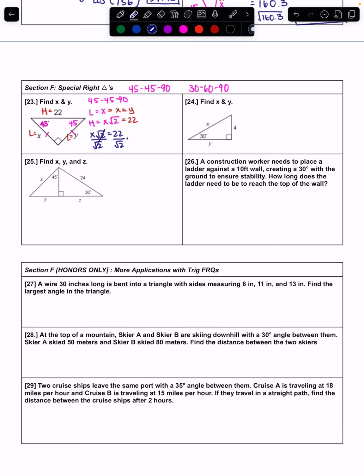All we have to do is take that radical on the bottom and multiply the top and the bottom by whatever we have in the denominator. In this case we have rad 2, so we multiply the top and the bottom by rad 2. So we have 22 rad 2 on the top, and on the bottom, when we multiply two radicals, they go under one roof.